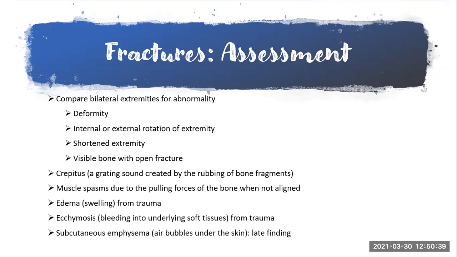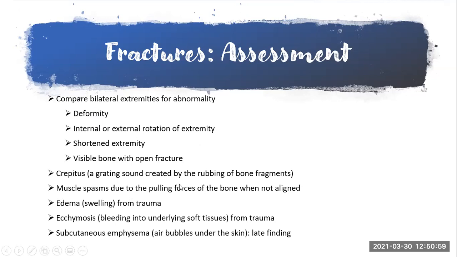Now, initial assessment of the fracture, obviously you're looking to see, is there a deformity? If it's usually a hip or shoulder, it may be internally rotated or externally rotated, depending on where the fracture is.